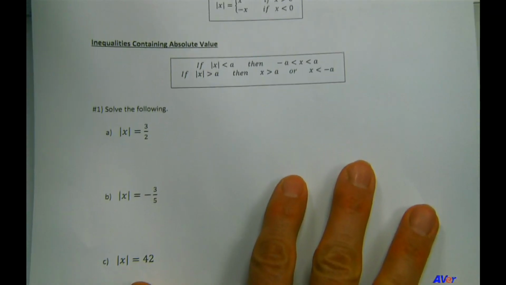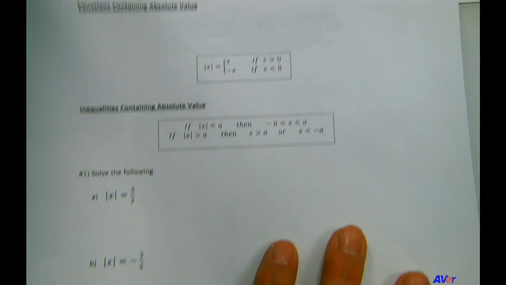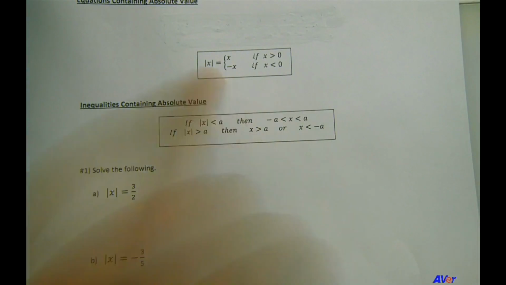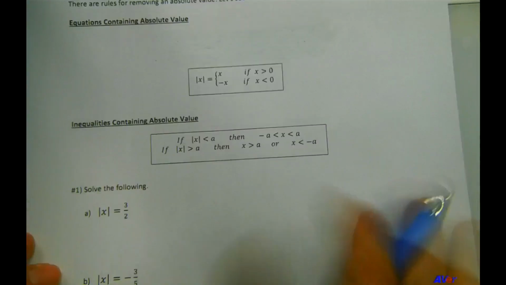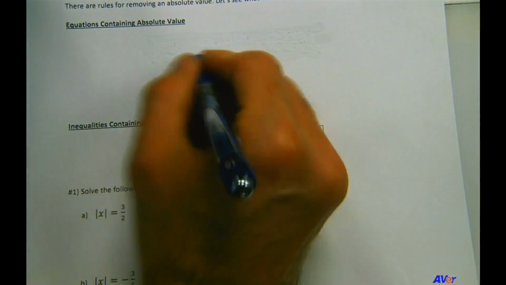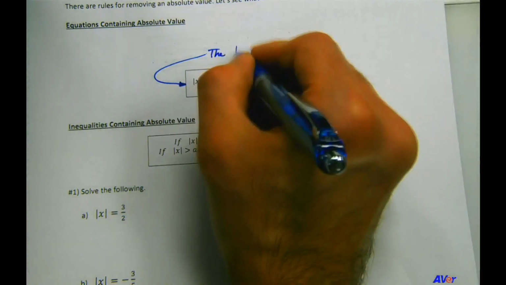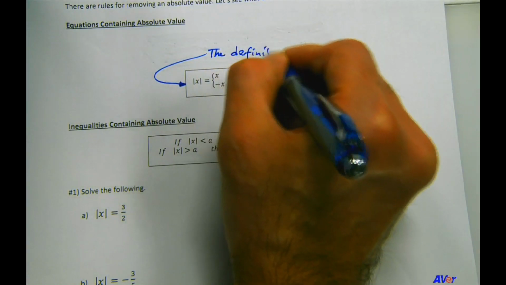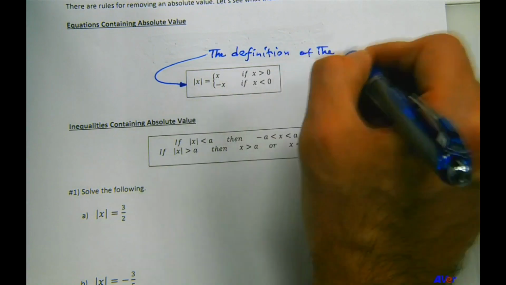Both of these types, absolute value equalities and inequalities, feed off of this definition of an absolute value. As a matter of fact, let me put a title on that. So what you see here is the definition of the absolute value.